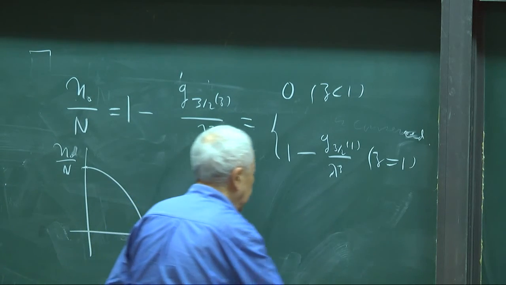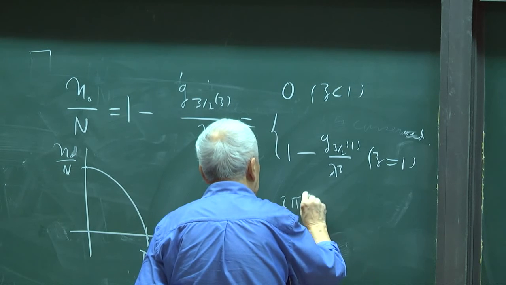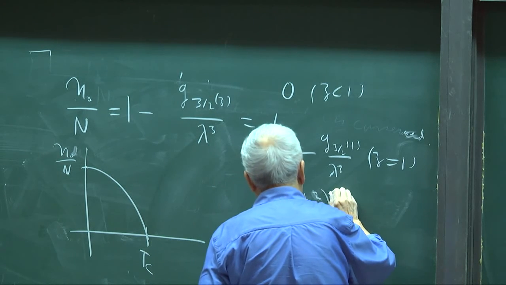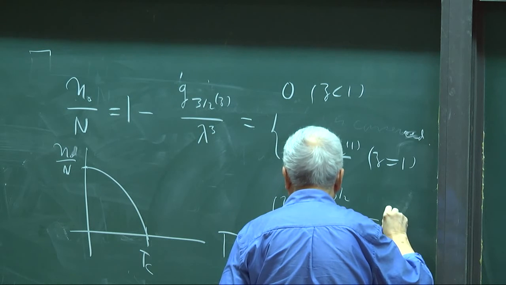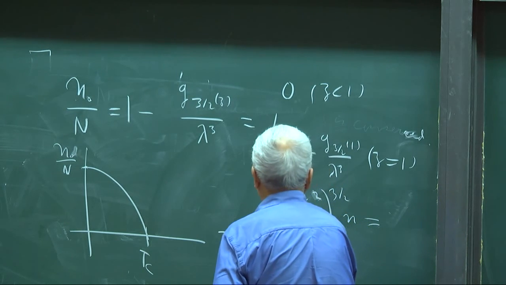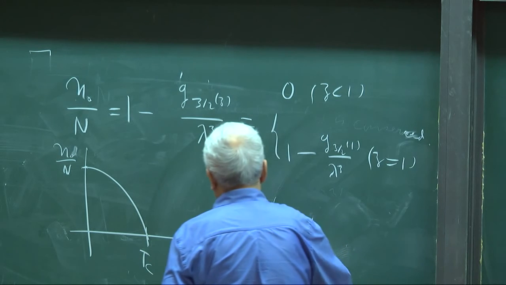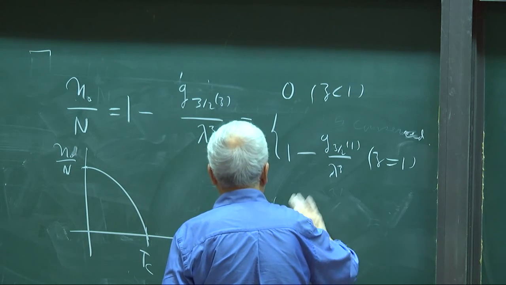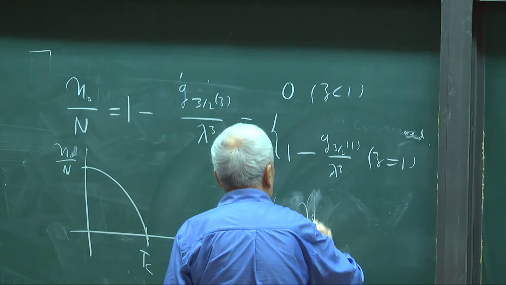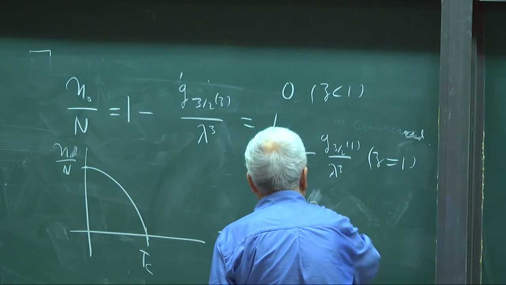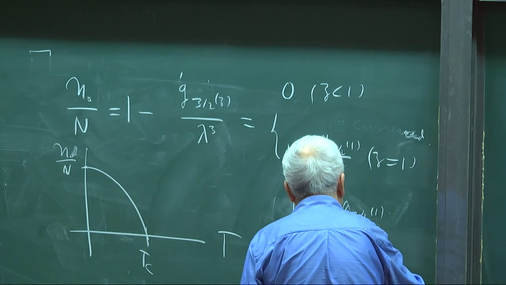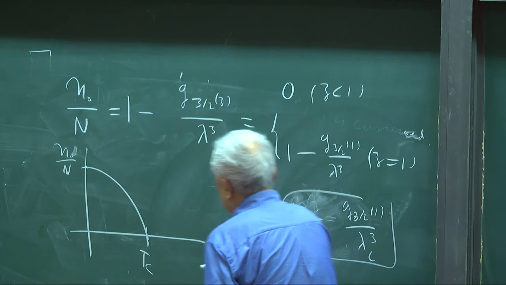And Tc is such that lambda cube n is equal to G 3/2 of 1, that is, 1 is equal to G 3/2 of 1 divided by the lambda critical cube. This is the condition for this transition.